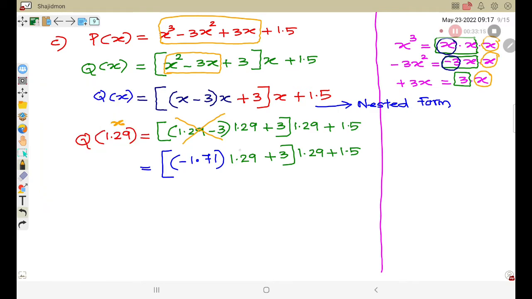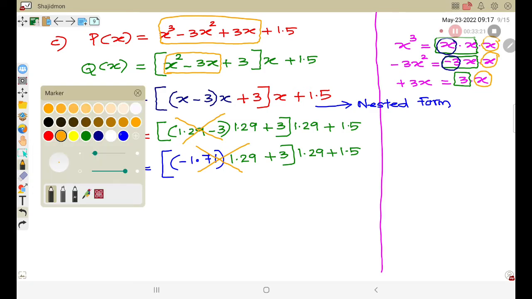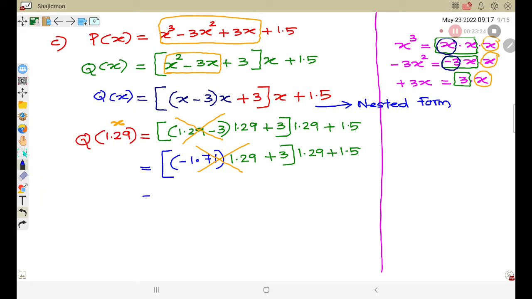Now again we are doing the next two numbers, minus 1.71 multiply 1.29. Correct? So what will we get as the answer using 4 digits rounding? You can use the calculator. You will get minus 2.206. Okay. All other terms we are writing same. Plus 3 multiply 1.29 plus 1.5.